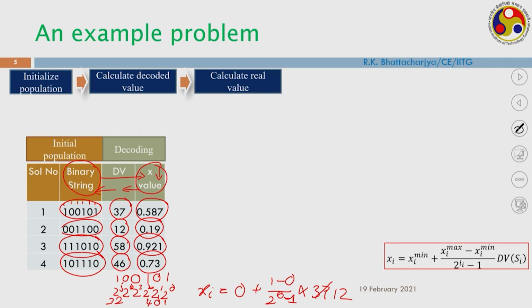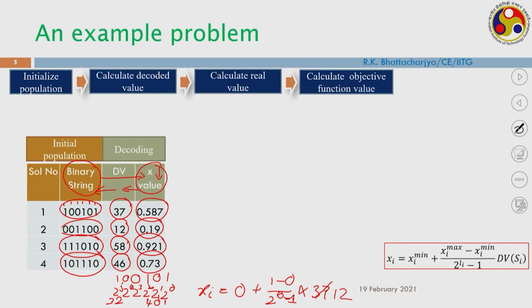So, there are two ways I can do it. Either I generate the binary string randomly, or I generate the x value randomly and then generate the corresponding binary string. So, these are the two ways I can generate the initial population.